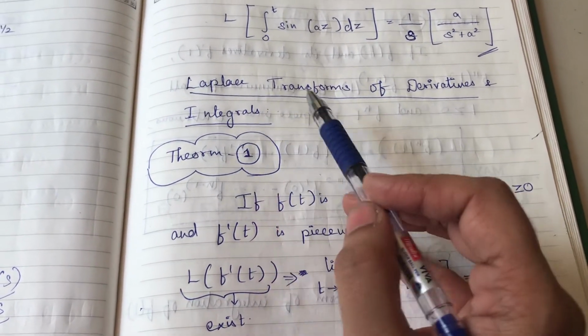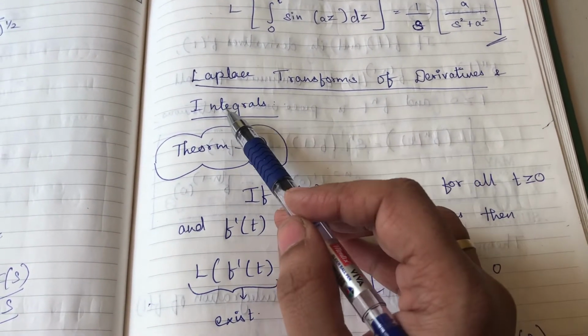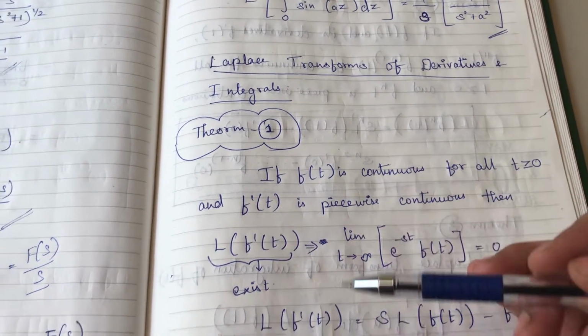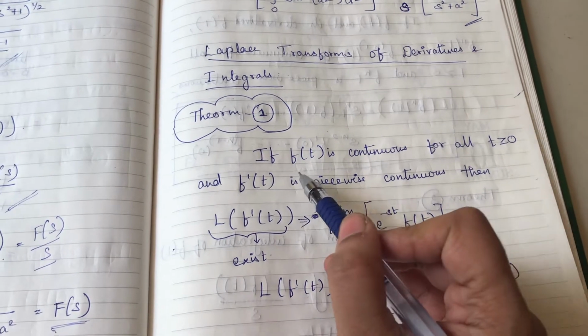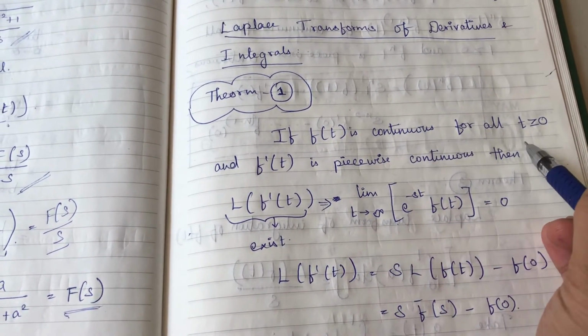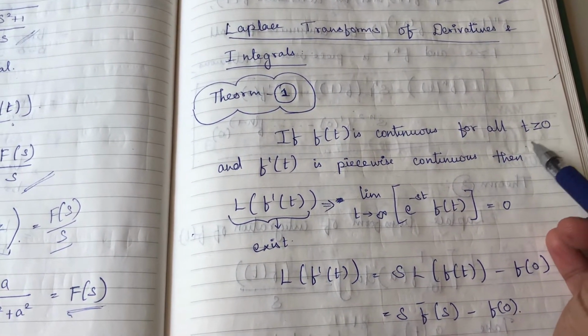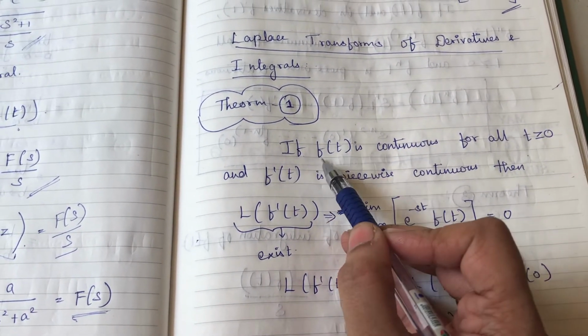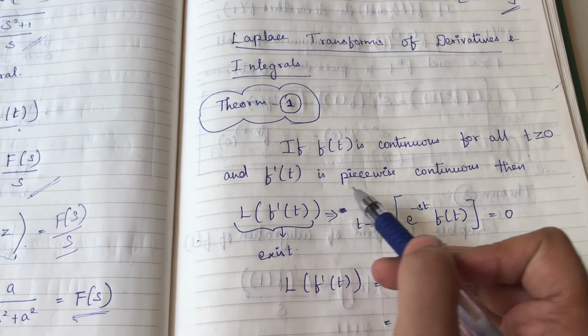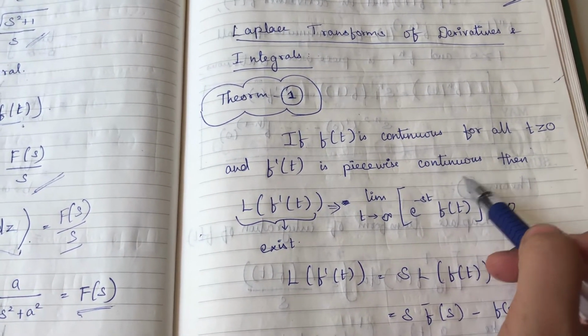Let's move on to the Laplace transforms of derivatives and integrals. Like this is theorem 1, theorem 2. Okay, for the derivatives and integrals. Okay, if f of t is continuous for all t greater than or equal to 0, I can say this f of t is continuous means f dash of t is also a continuous one.